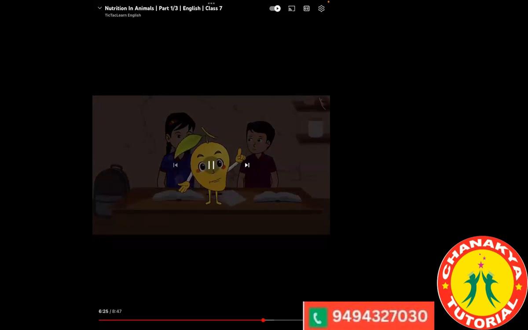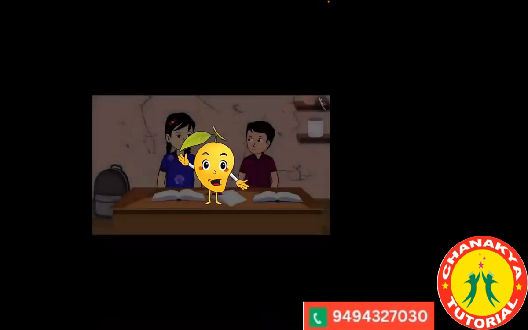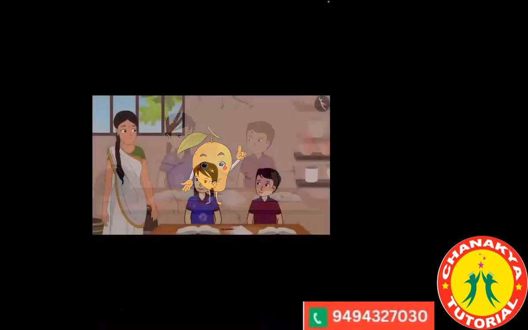Milk teeth fall by the age of 8 to 11 years. The new set of teeth which come in place of them are permanent teeth.